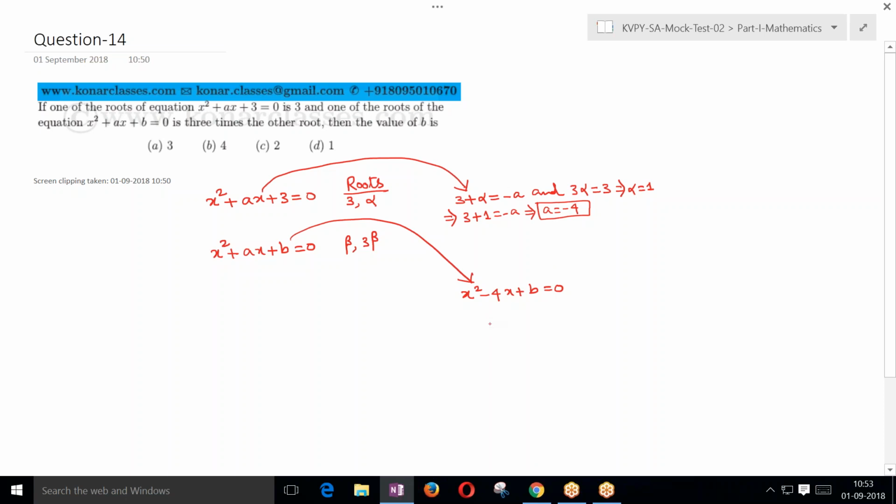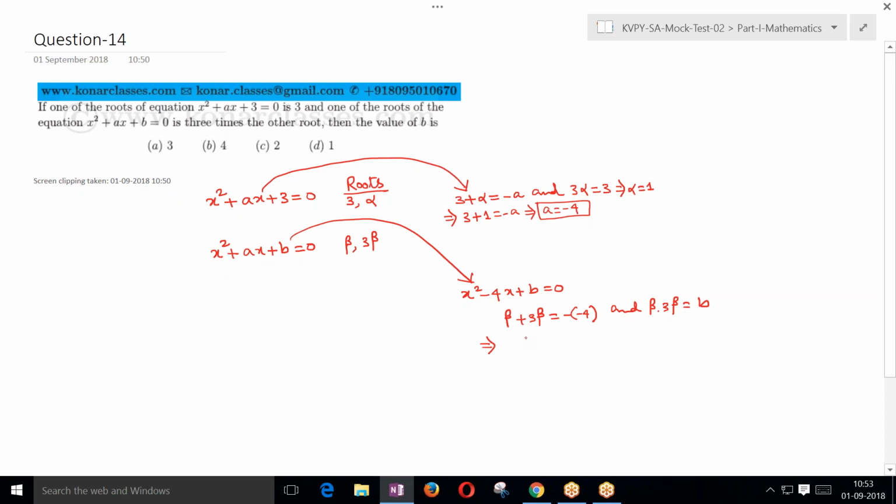So by means of the relationship between the roots and coefficients, we get beta plus 3 beta is equal to minus of minus 4, that is plus 4, and beta into 3 beta is equal to b.